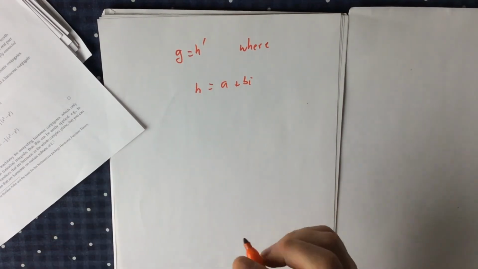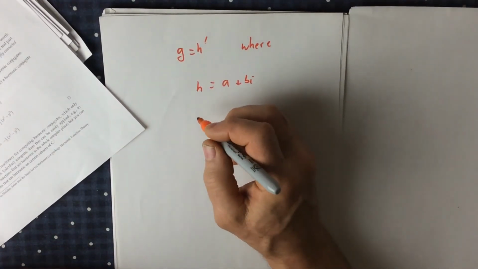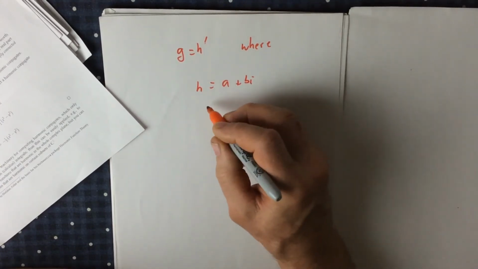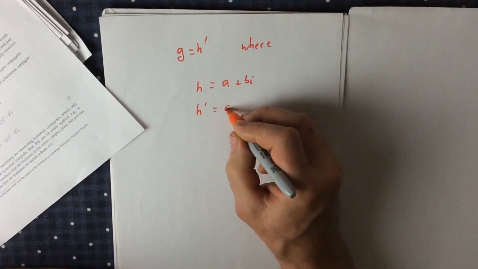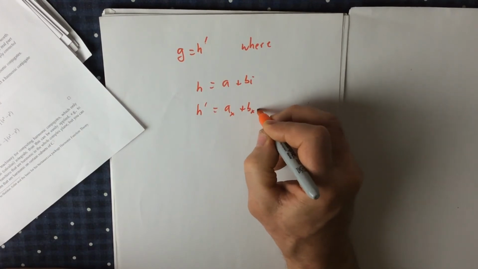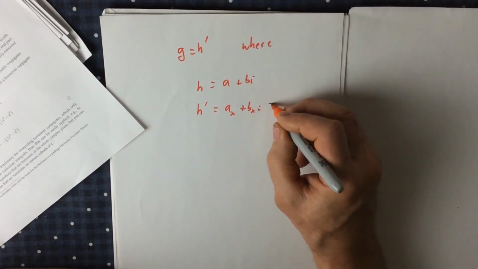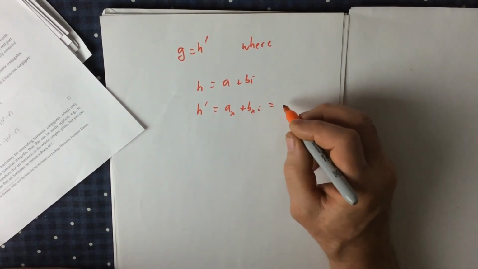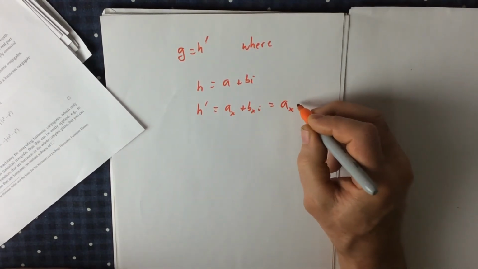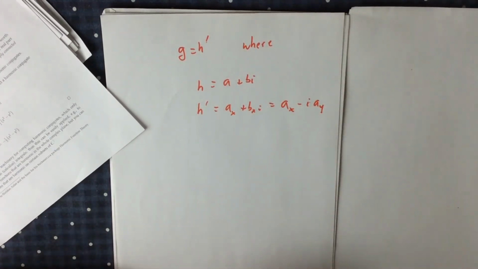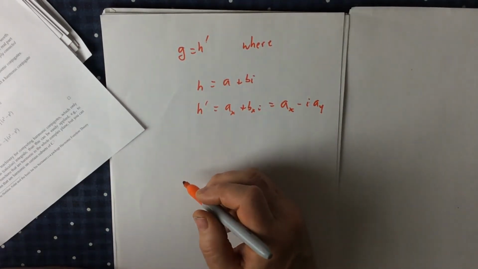Now, in order to make this happen, we're going to calculate h prime as a sub x plus b sub x i. And if h is differentiable, its Cauchy-Riemann equations apply, and therefore I can write a sub x minus i a sub y. This is a reformulation of the Cauchy-Riemann equations.